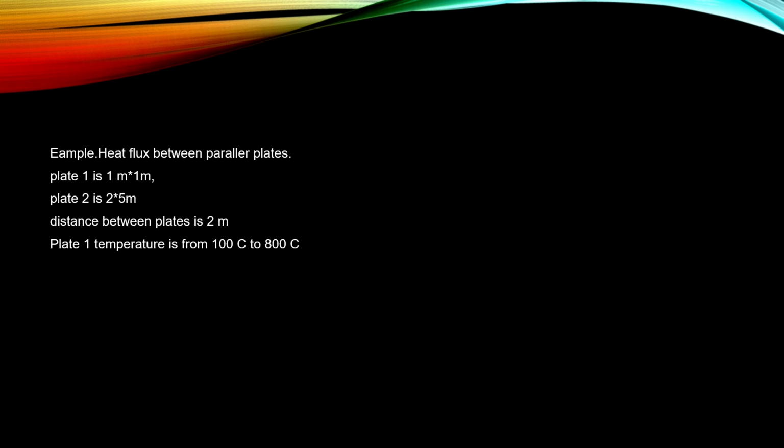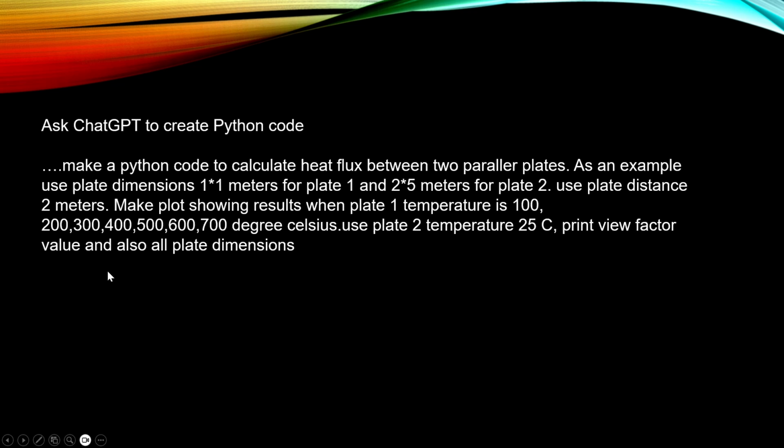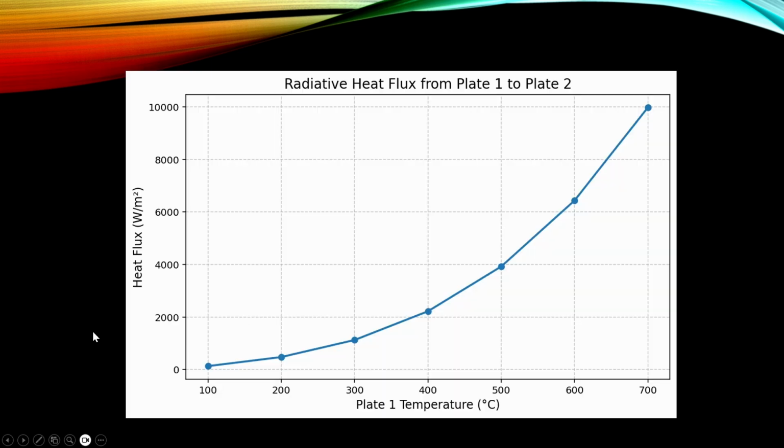Plate 1 was 1 times 1 meter and plate 2 was 2 times 5 meters, the distance between the plates was 2 meters, and the plate temperature was varying from 100 to 800 degrees C. I sent a request to ChatGPT to develop Python code to calculate this, and with that Python code I calculated the heat flux as a function of plate 1 temperature. Here we can see the result.